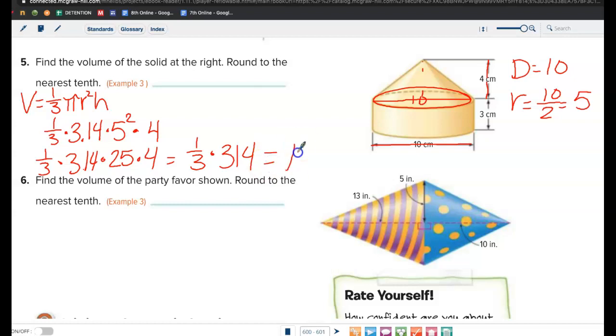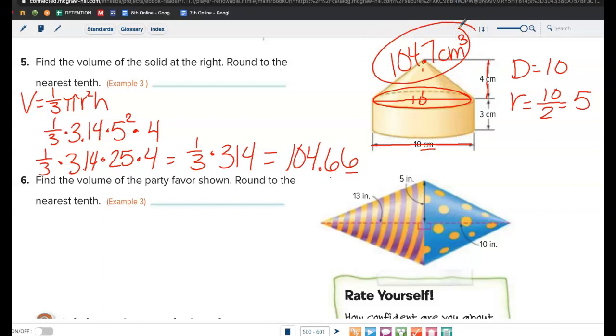So I got 104.666666666. This 6 tells my other 6 to go up. So I'm going to say that the volume of this cone is 104 7/10 centimeters cubed. So there's the volume of my cone.